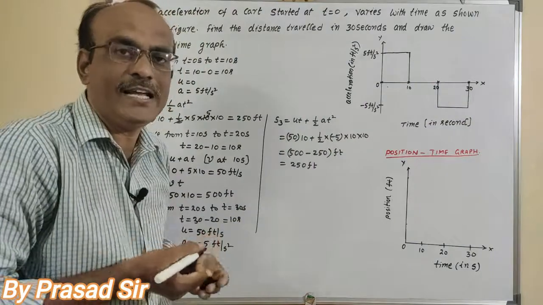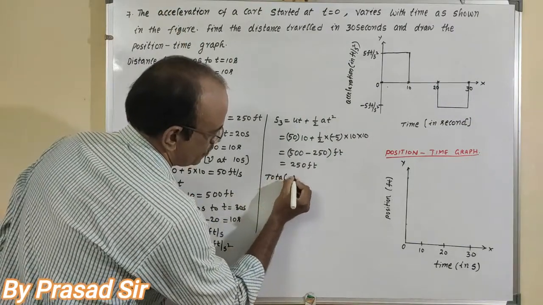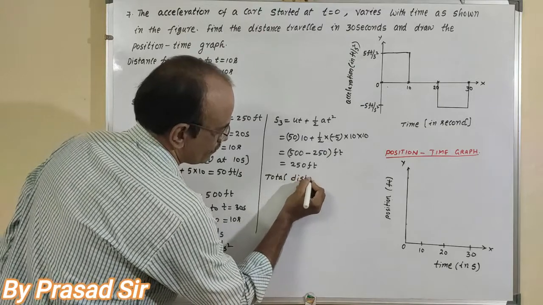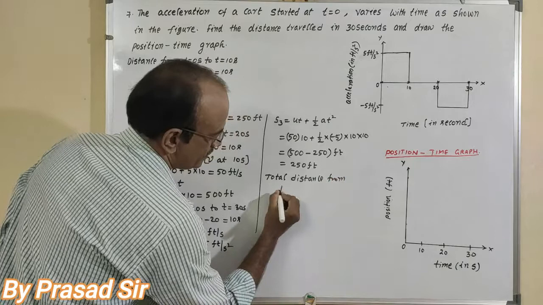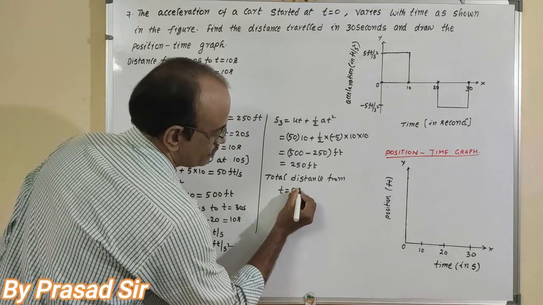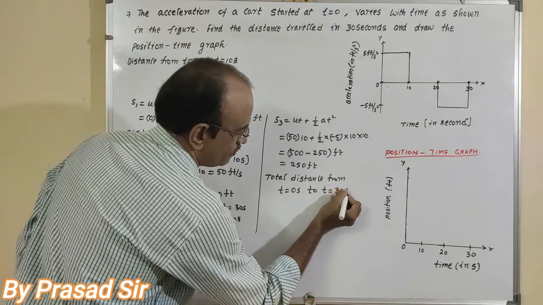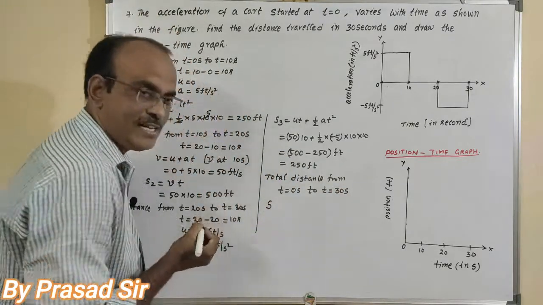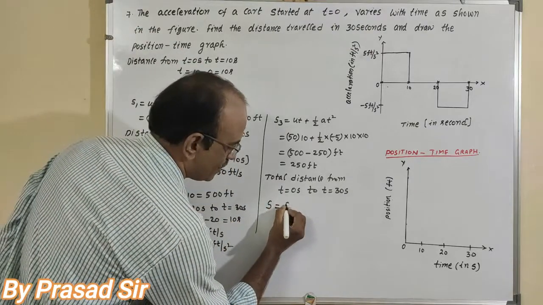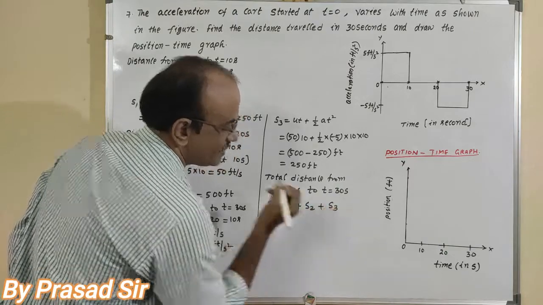Now I want to calculate the total distance from t equal to 0 seconds to t equal to 30 seconds. The total distance, represented by s, is equal to s1 plus s2 plus s3.